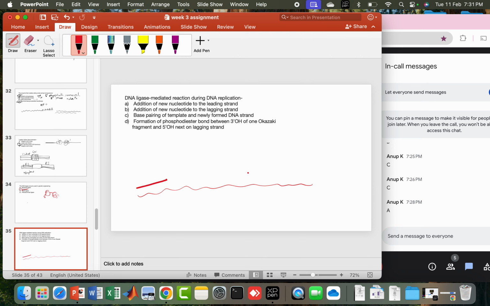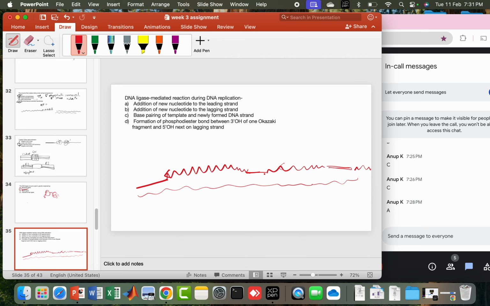We have multiple primers attached on the lagging strand. These are the RNA primers which are attached, and then we have synthesis of strands in this direction.